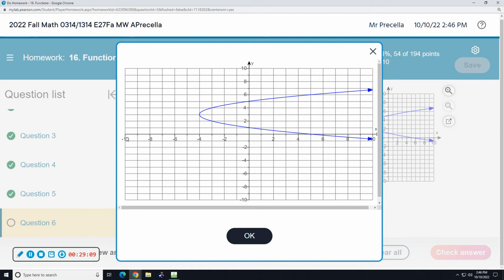These arrows mean that it keeps going up and to the right or down and to the right, but where do the x values start? Here's negative 7 on the x-axis. Is there a point with negative 7 as an x value? No.